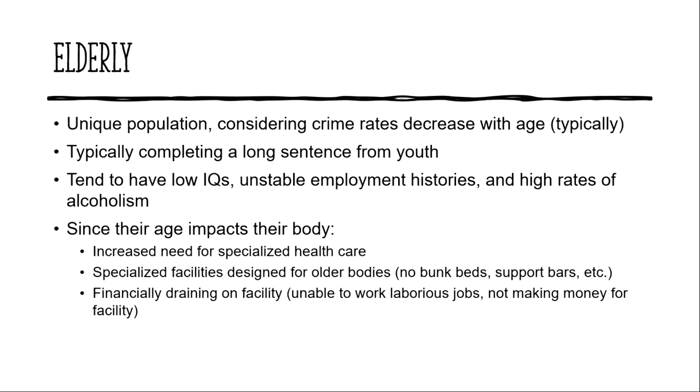We also need to consider the specialized facilities designed for older bodies. One of the things that we tend to do, especially for a while with prisons, is maximizing the amount of space that we have for inmates. So, bunk beds and things like that. But as you get older, you don't have the agility and strength to get on a bunk bed. When you use a shower or a bath or a toilet, even, you might need support bars.